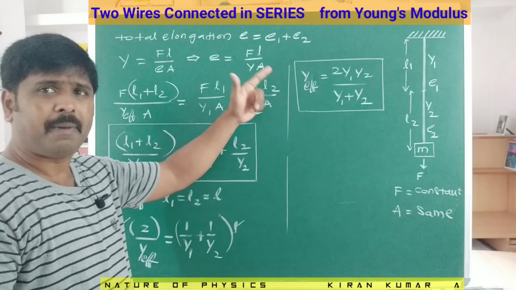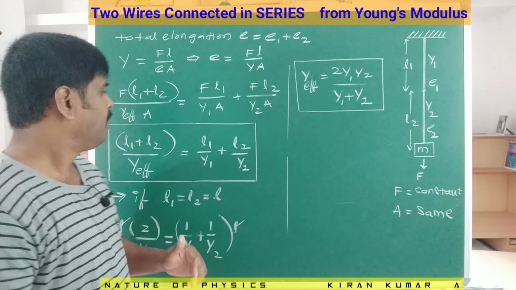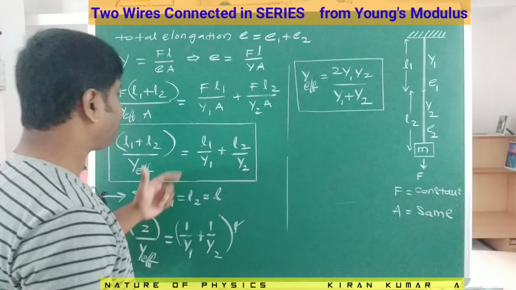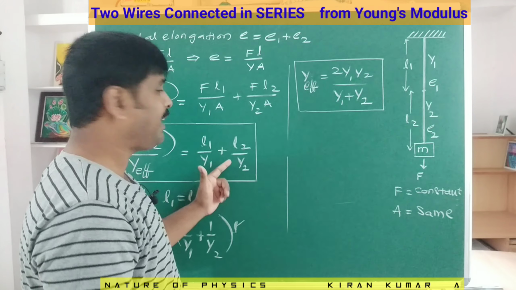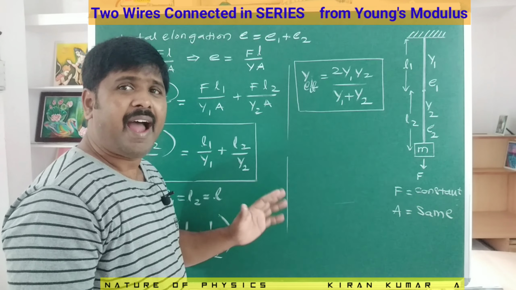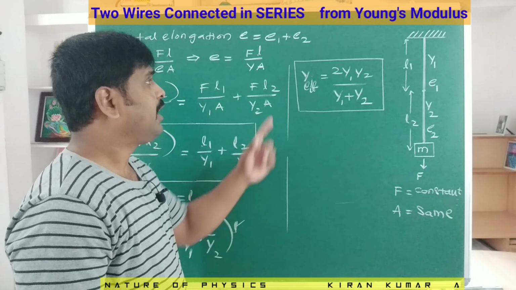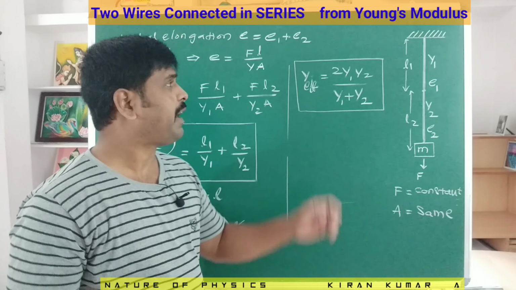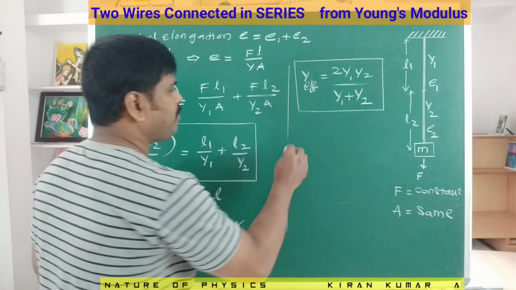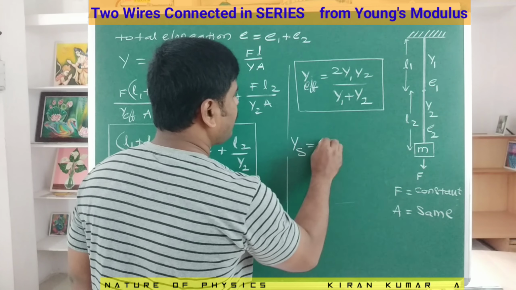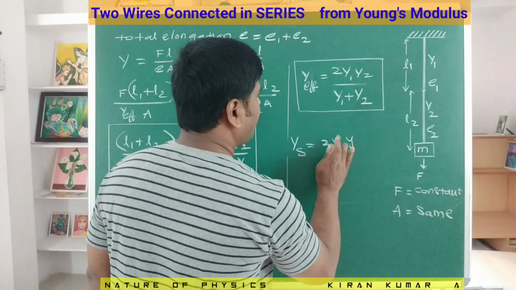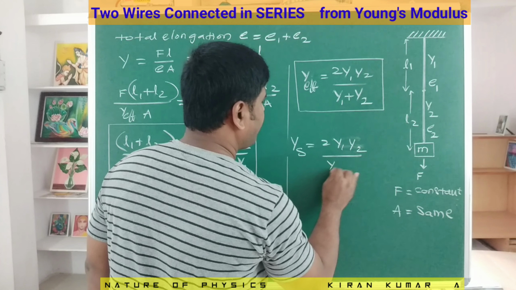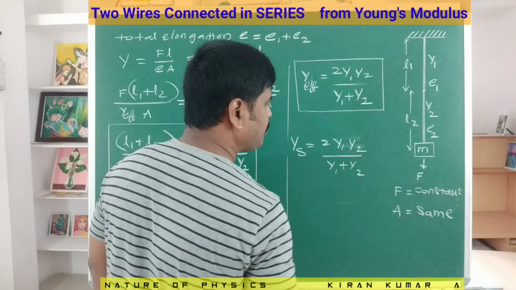Replacing the values, we got L1 plus L2 divided by Y effective equal to L1 by Y1 plus L2 by Y2. If lengths are equal, Y effective is equal to 2Y1Y2 divided by Y1 plus Y2.